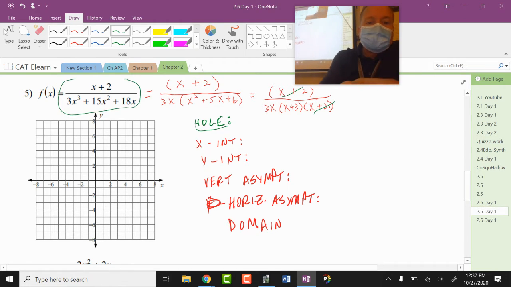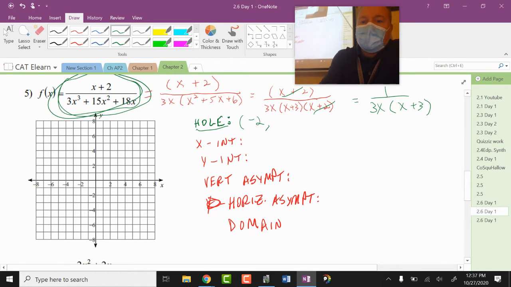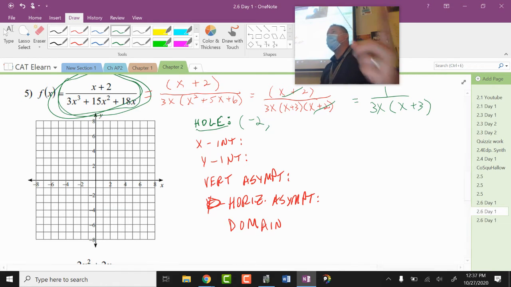The graph of this is equal to the graph of this, what's called the reduced form of that, except that in the original graph, -2 is still not allowed as a domain value because -2 makes the original function still undefined. You get 0 divided by 0 if you plugged in -2 in the original. So I can't have that. This is an interruption in the graph, but it's not a vertical asymptote. It's a hole in a graph that now is discontinuous at this part.